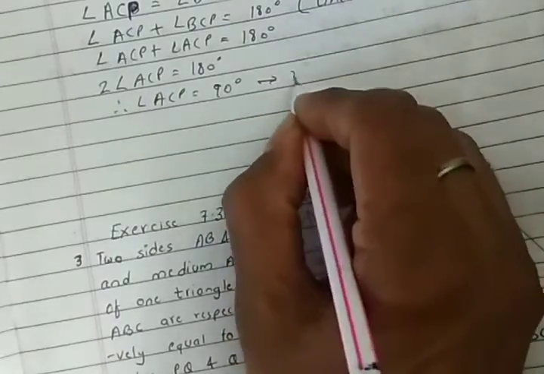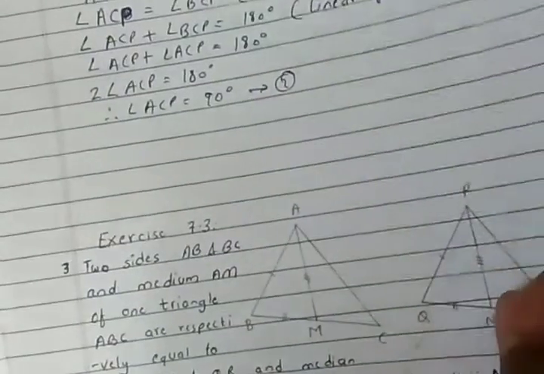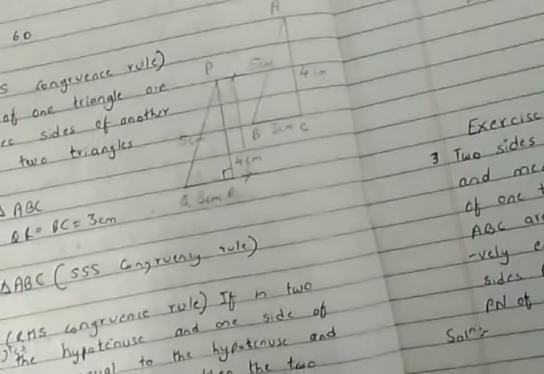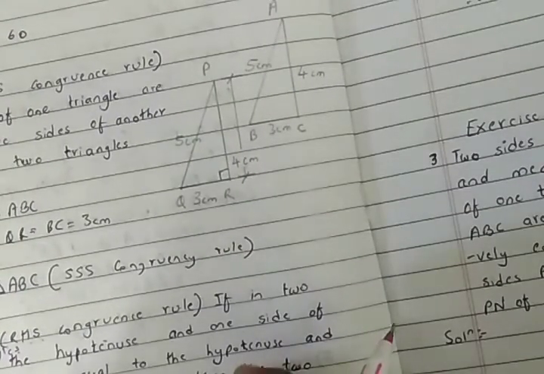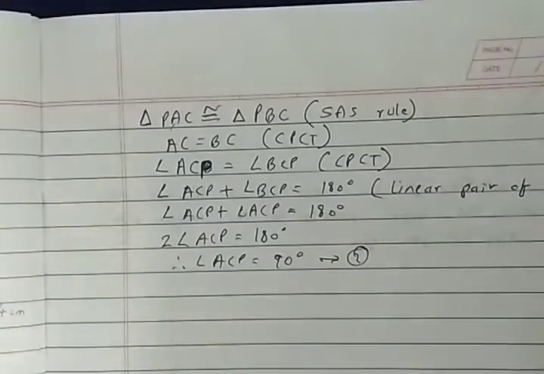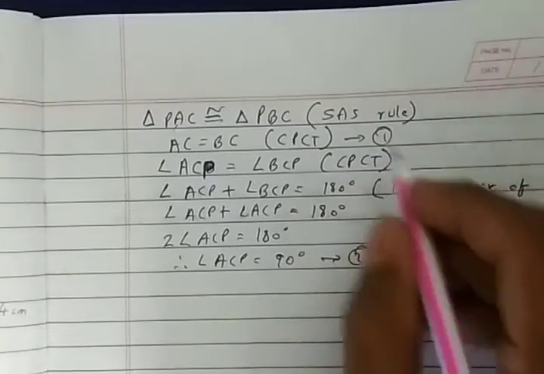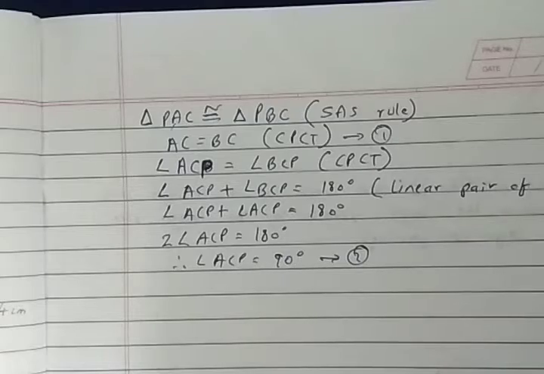You can write this as number 2, and you can name this as number 1, right?